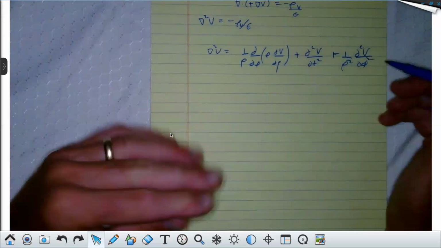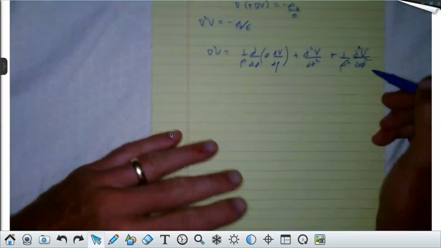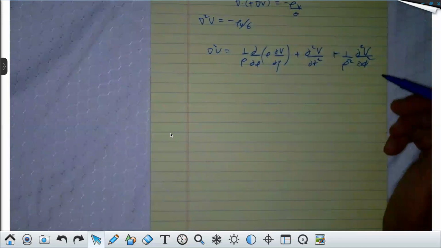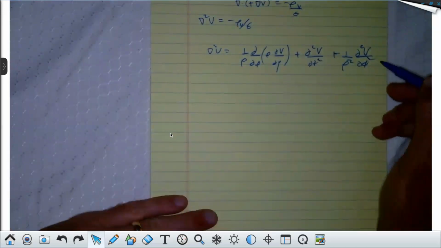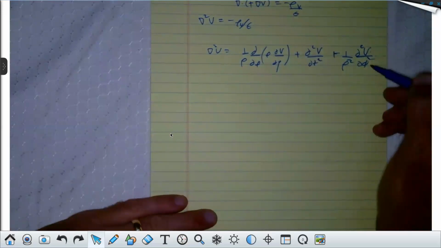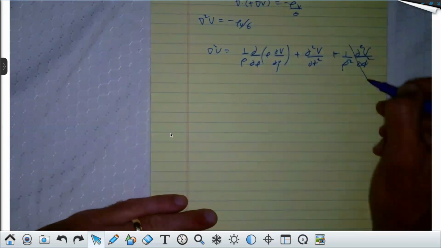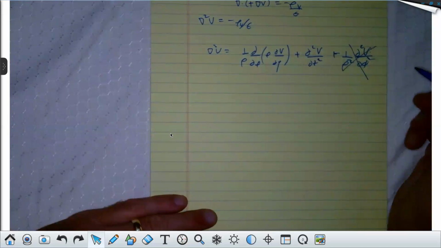Now, here's the thing. In cylindrical coordinates, if it's cylindrically symmetric, the voltage is not going to change versus phi, all other things being held constant. So dV d phi would be 0. Do you all follow me on that? All right.